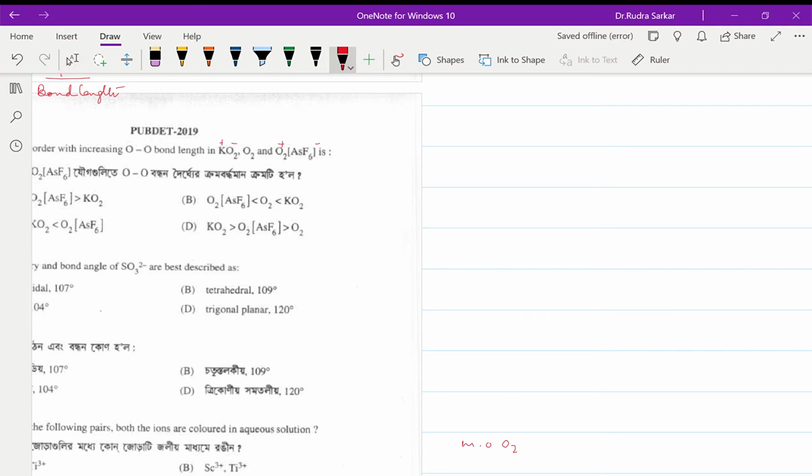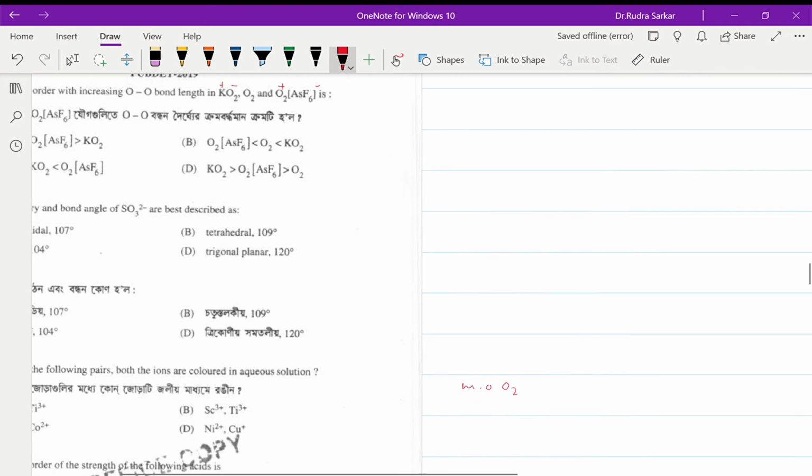And for that case, what we will do, we will write the atomic orbitals for the oxygen. So this is the atomic orbital for oxygen on both sides. The MO will come in between. And this is say for the 2p.